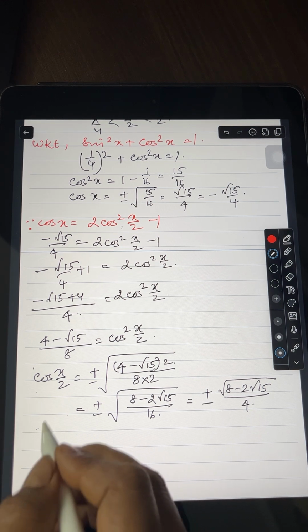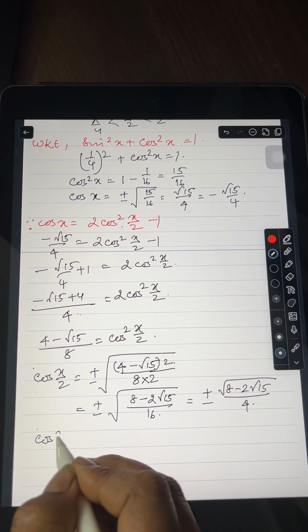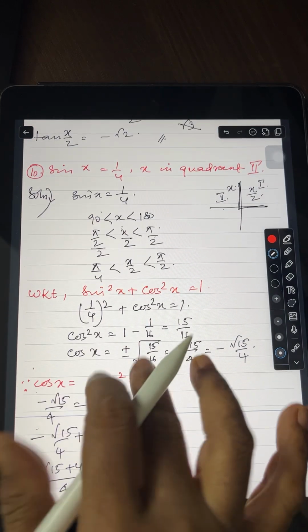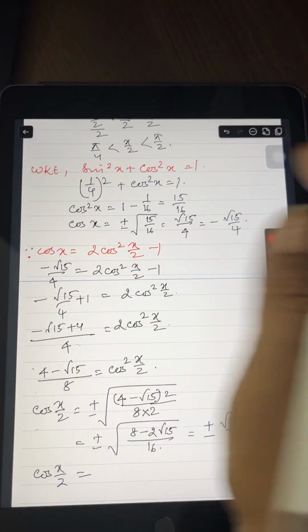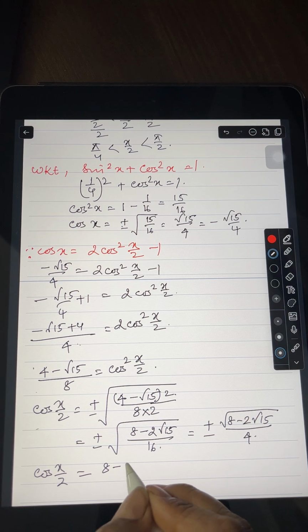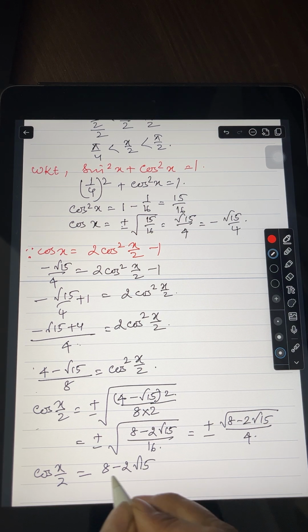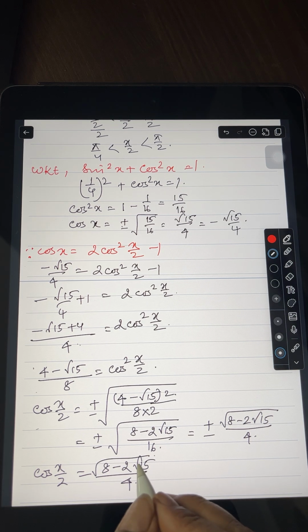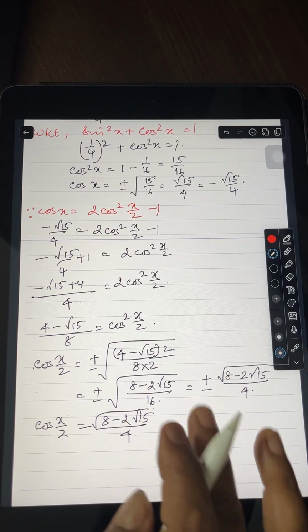So you get cos x by 2 is equal to... x by 2 is in which quadrant? X by 2 is in the first quadrant. In the first quadrant all are positive. So you can take root of 8 minus 2 root 15 by 4. This is your cos x by 2 that you got.